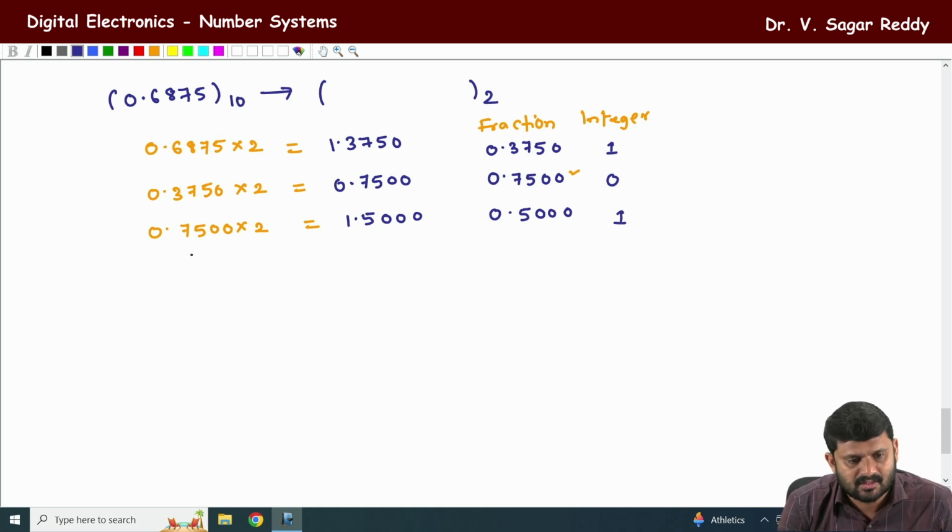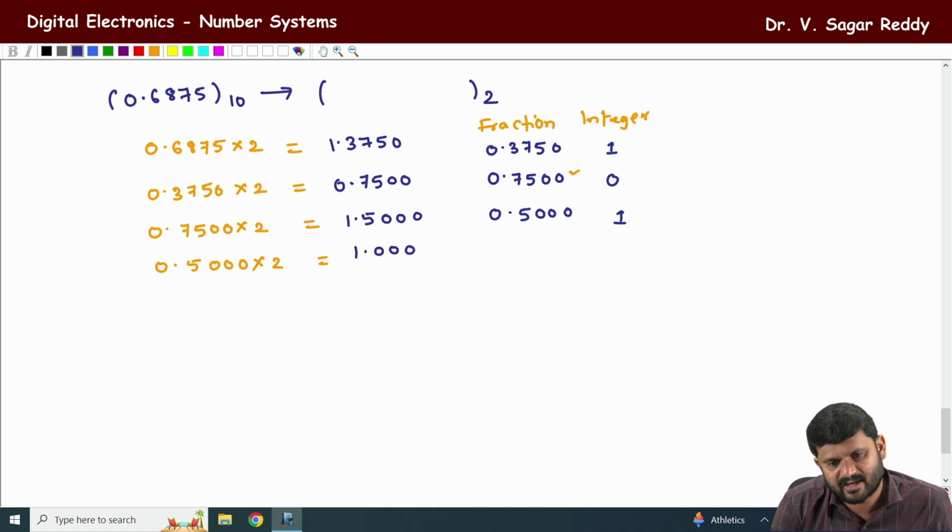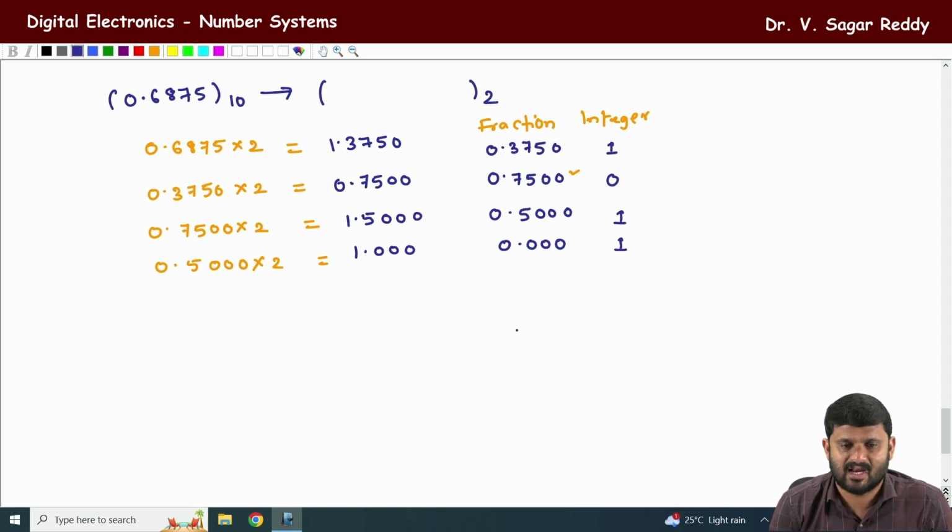Now I'll take this new fractional part, 0.500, into 2, and I'll get 1.000. So the fraction is 000 and the integer part is 1. We need to continue this procedure until the fraction is 0, or until we get the required number of digits for a given precision, for accuracy.